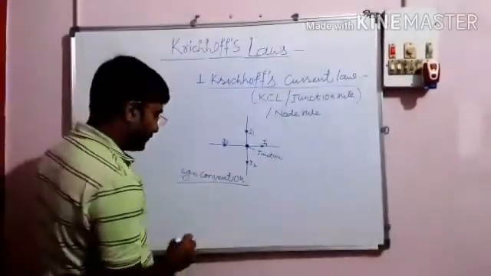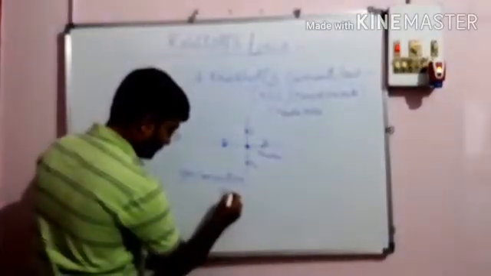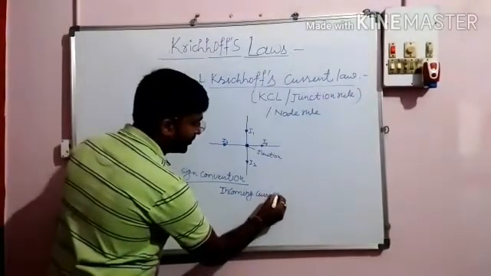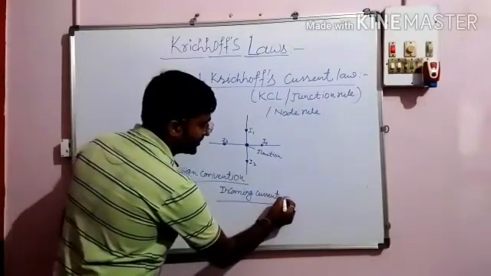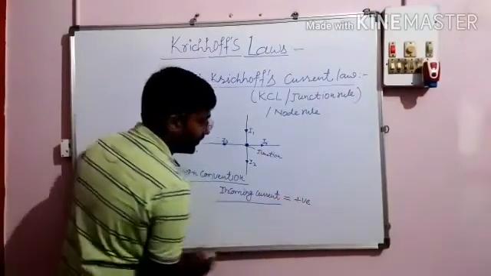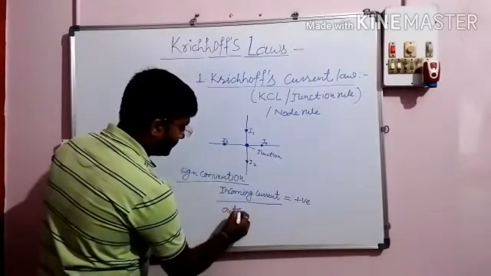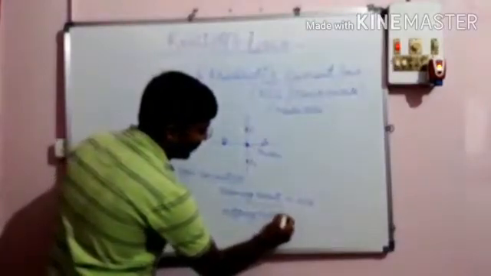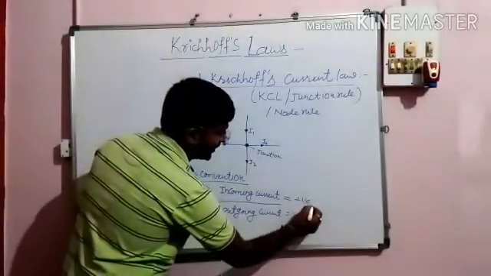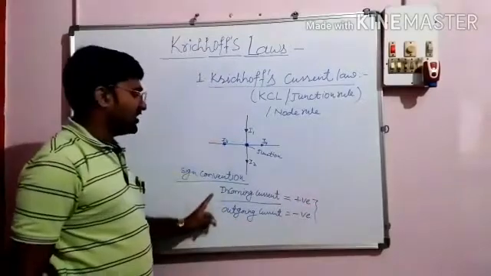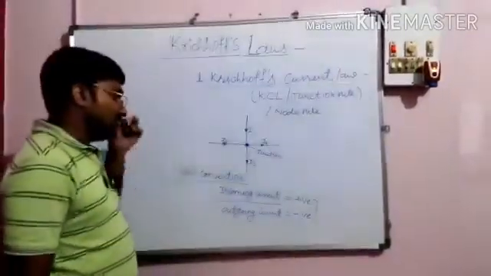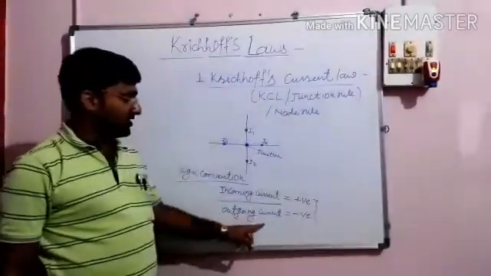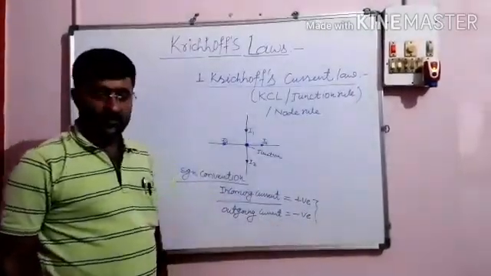Remember, incoming current, that is the current coming towards the junction, is taken as positive, and outgoing current, that is the current going outward from the junction, is taken as negative. This is the sign convention for Kirchoff's current law.